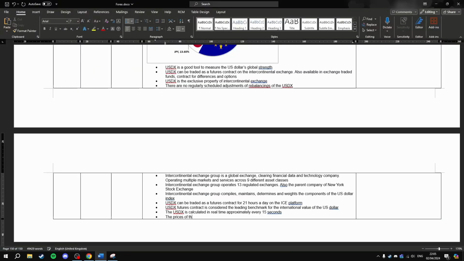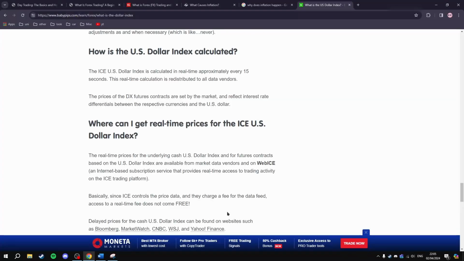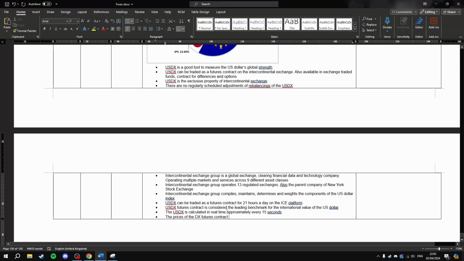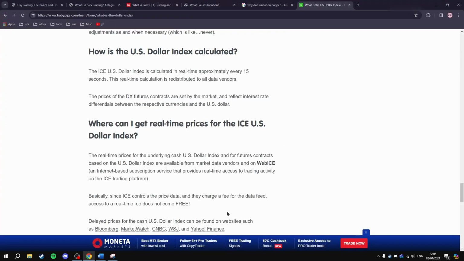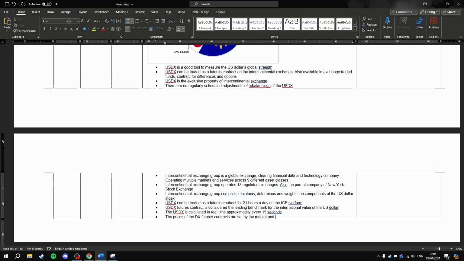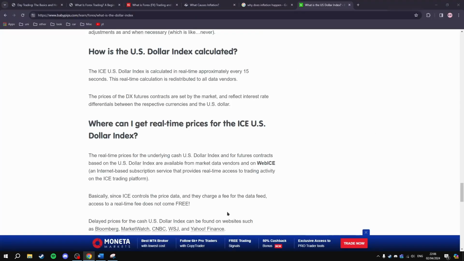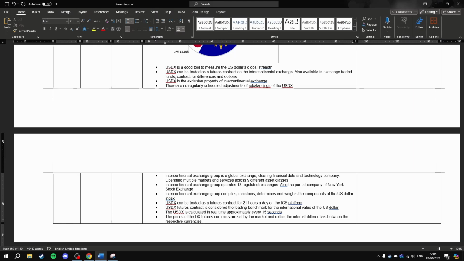The prices of the DX futures contracts are set by the market and reflect interest rate differentials between the respective currencies and the US dollar.